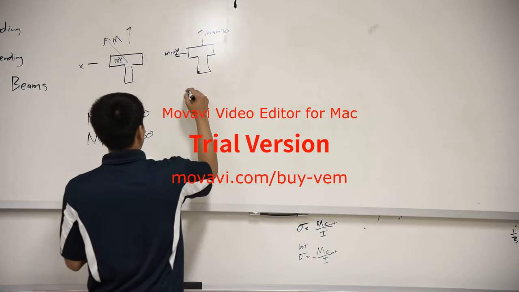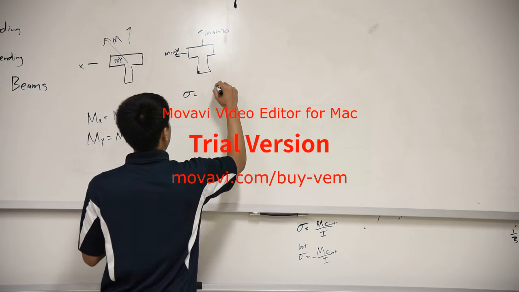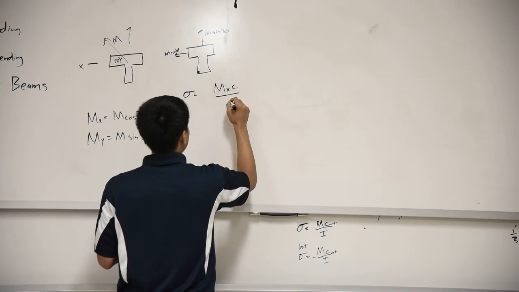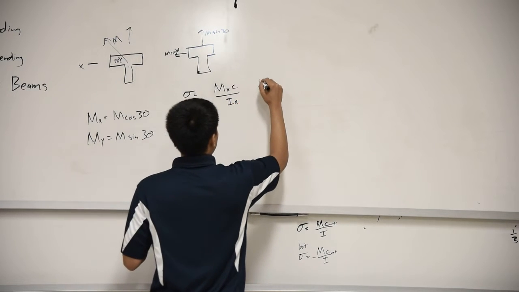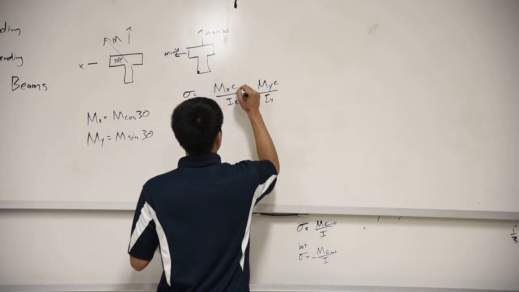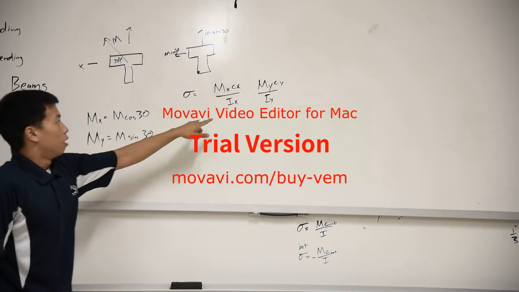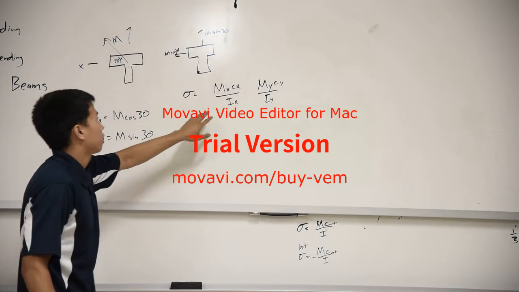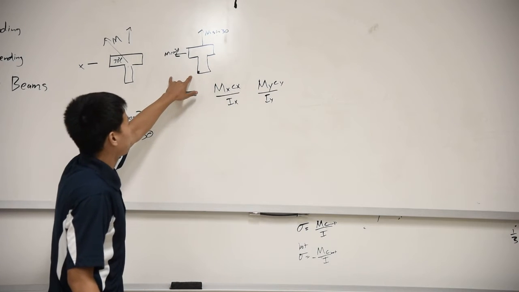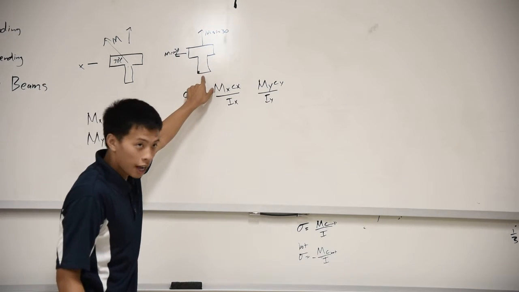So I'm going to just leave it at this equals Mx c value over Ix, My c value over Iy. Mx and My are going to be different. cx and cy are going to be different for the most part, because cx is the distance from here to the x-axis, and then cy is from here to the y-axis.